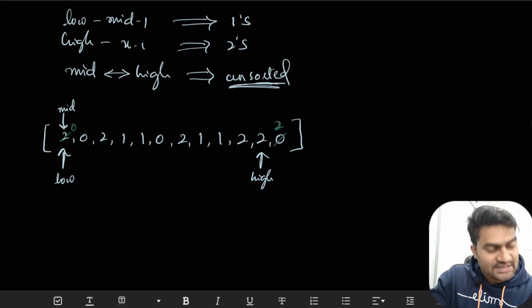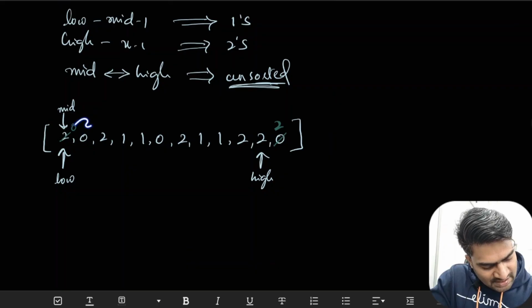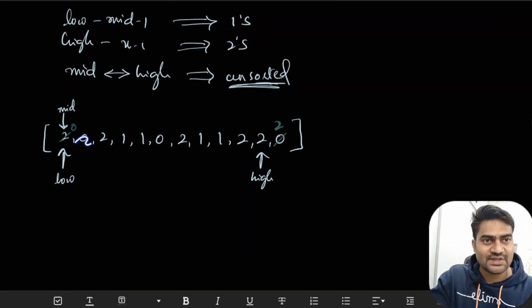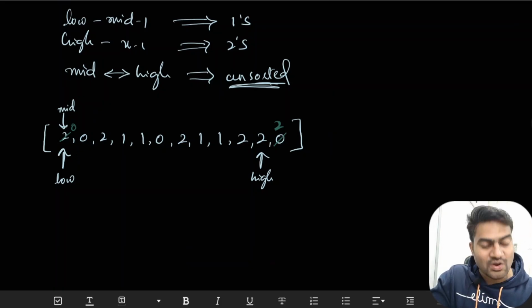Okay, next I will again try to process the numbers. Now at the mid I have 0. If I have 0, then it needs to move towards the left, correct, right? So I will simply swap the number at the low index and the mid index. But since they are the same, it is as good as getting swapped. Then after that, my low should point to the next 0.